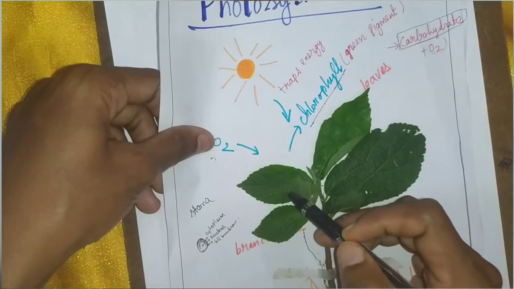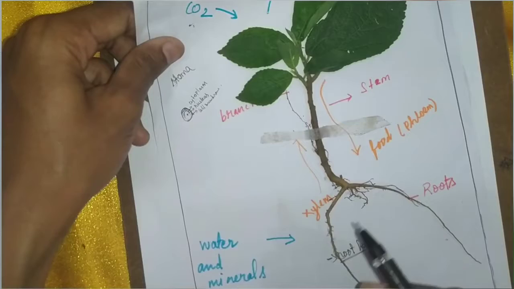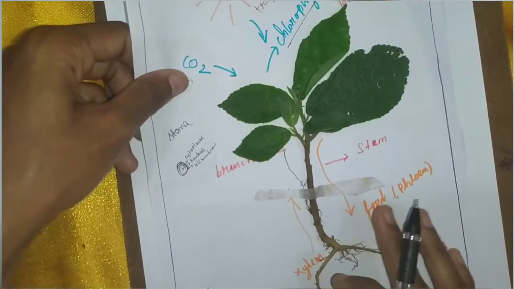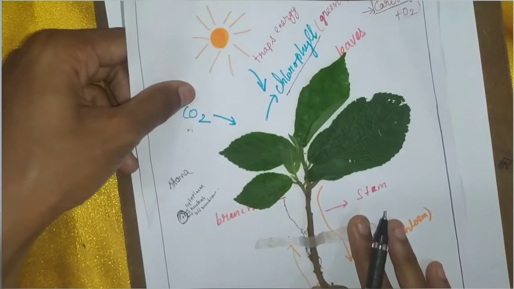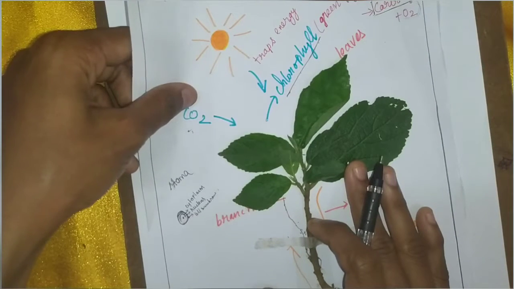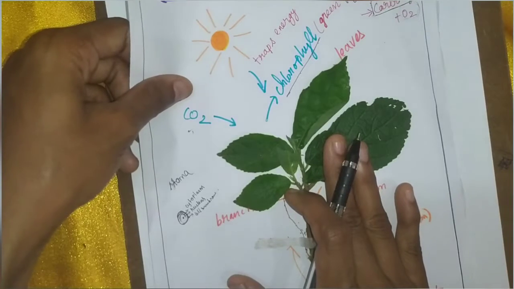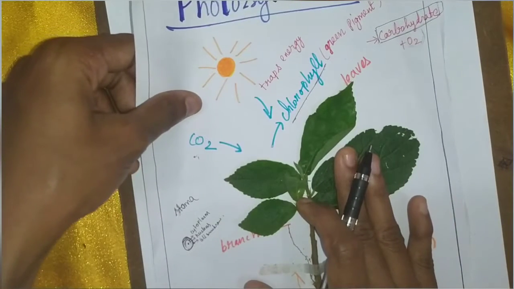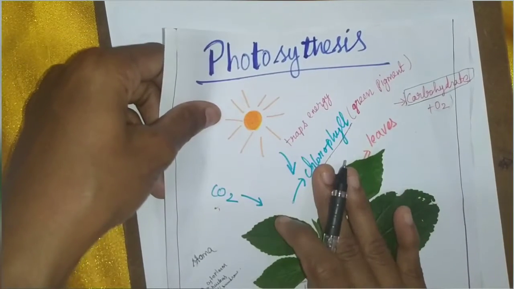How is the food prepared from carbon dioxide, water and minerals? Where is it getting energy, because without energy we cannot do any work. Plants also cannot prepare food without energy, so plants need energy to synthesize their food. It is getting energy from the sunlight.